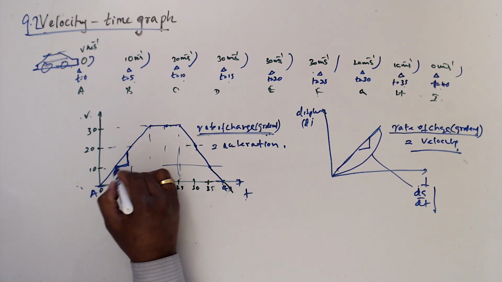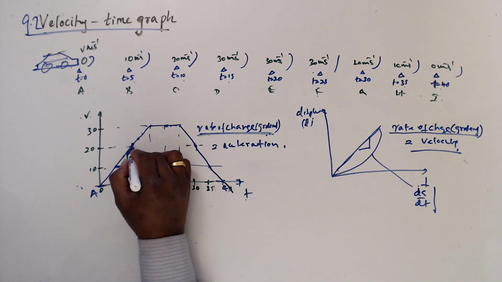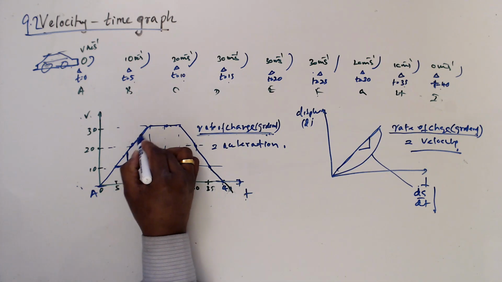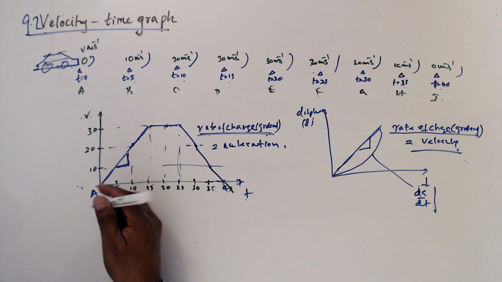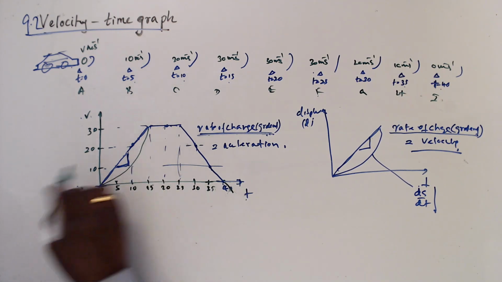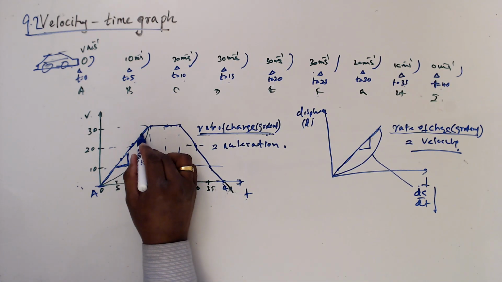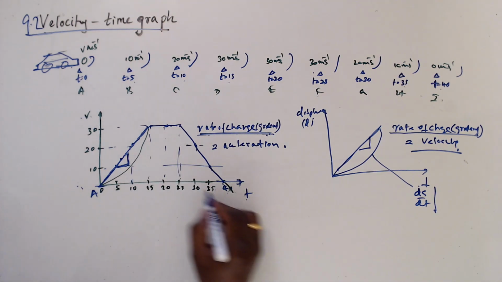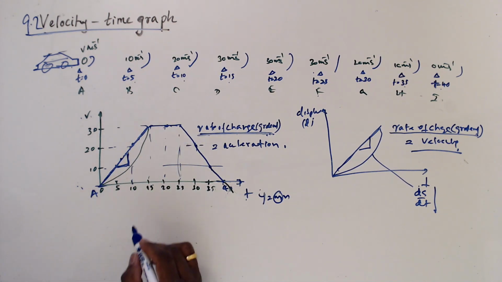We can see that the gradient of this point is equal to the gradient of this point, because it is a line, not a curve. So we know that at each and every point the gradient is the same, because this is a y equals mx line. In a line, the gradient is the same everywhere. So what is the gradient?